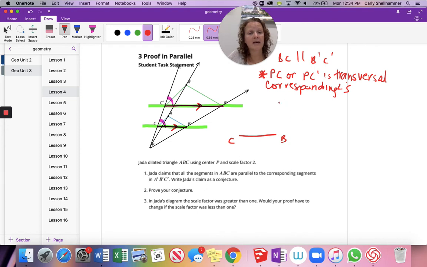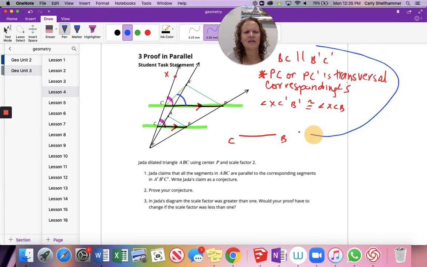Therefore, the corresponding angles are congruent. And I can name that angle, let's put an X up here. Angle X, C prime, B prime is congruent to angle XCB. And if I back up, I probably should back up. We don't know this yet.